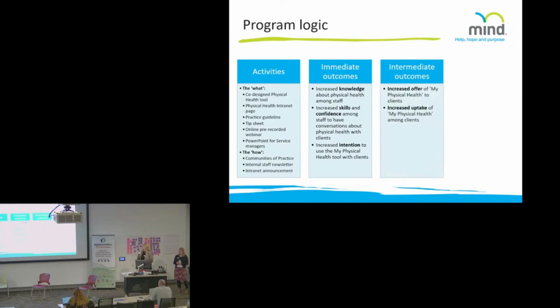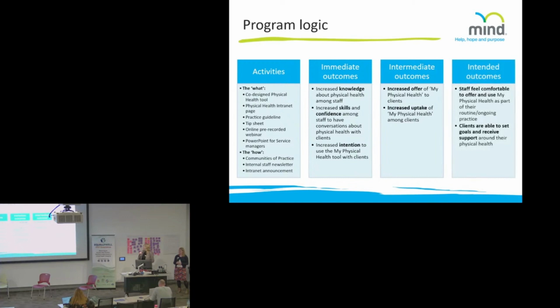And following that, we have intermediate outcomes, which we think, through engaging with these resources, building knowledge, skills, confidence and intention to use the tool, will result in an increased offer and increased uptake of the tool in practice.